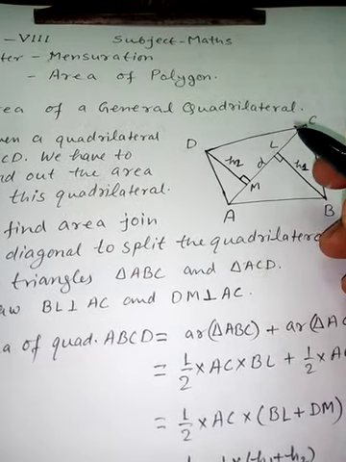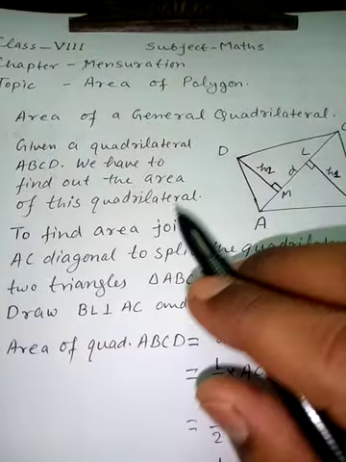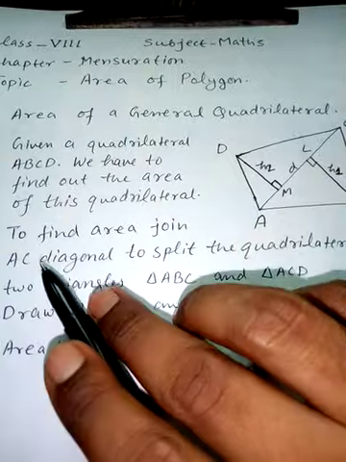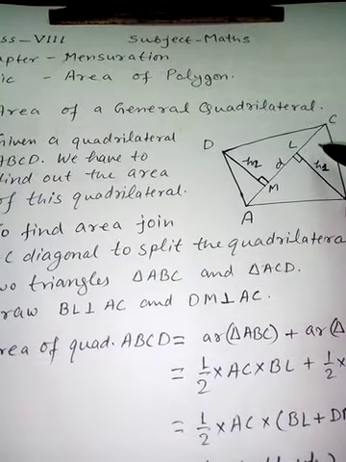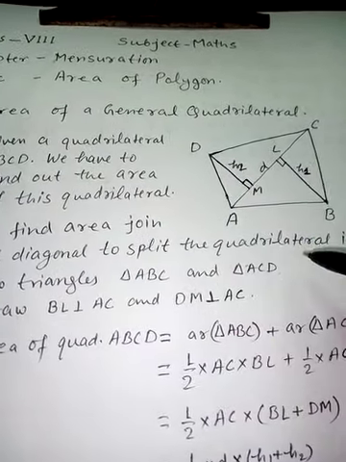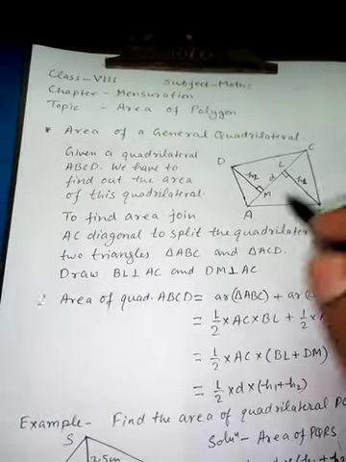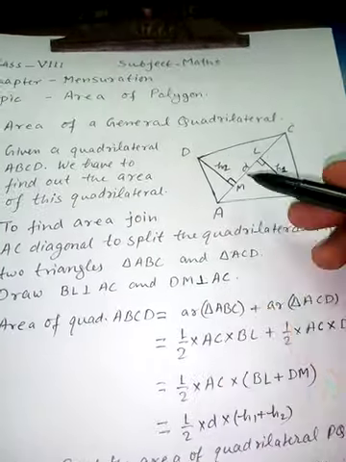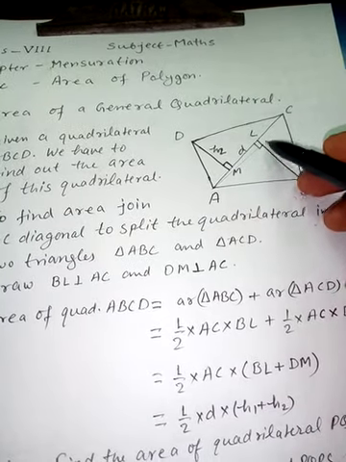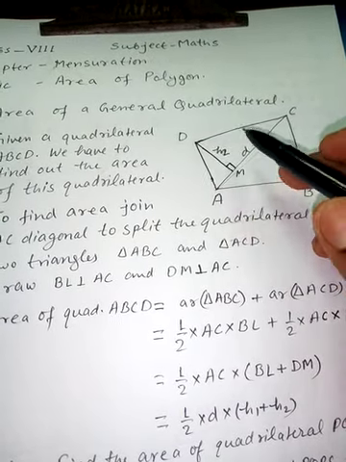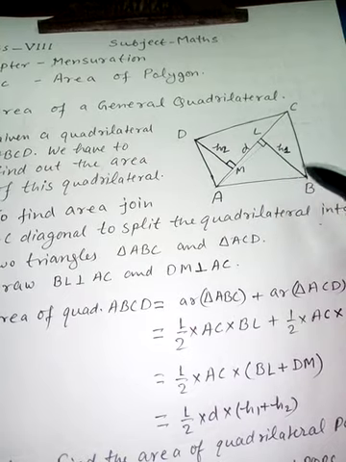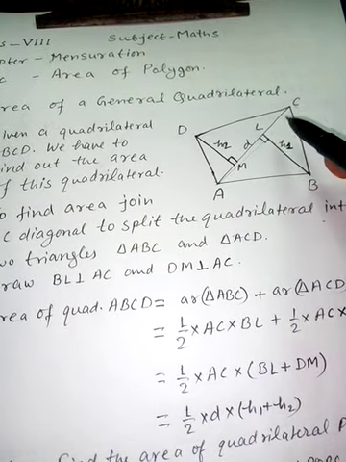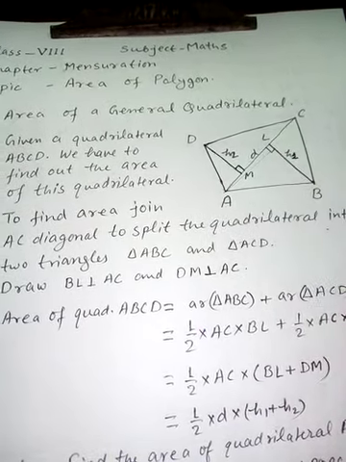To find out the area, we join the diagonal AC to split the quadrilateral into two triangles, ABC and ACD.